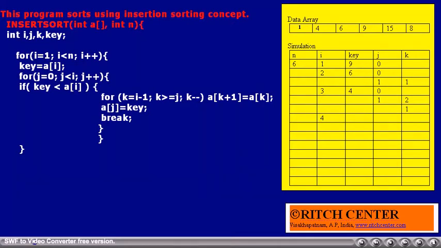For doing this, key value will be taken as 15 and then all the elements before I are compared against 15. Incidentally, in this example, all the elements 1, 4, 6, 9, they are smaller than 15. Thus, 15's location is not required to be changed.